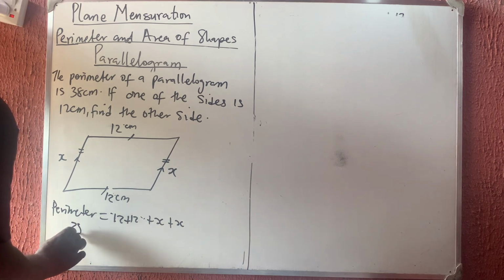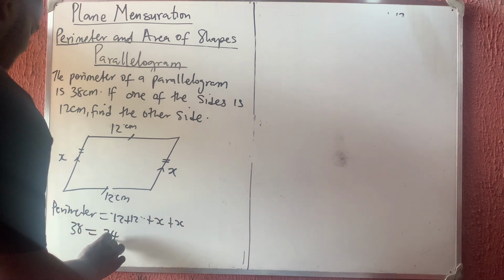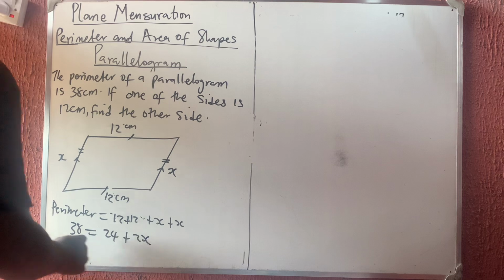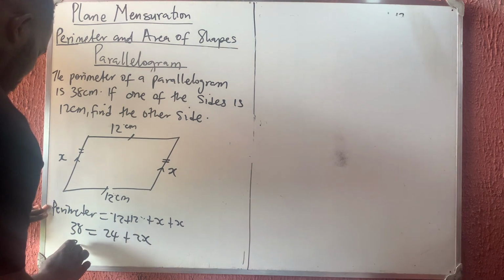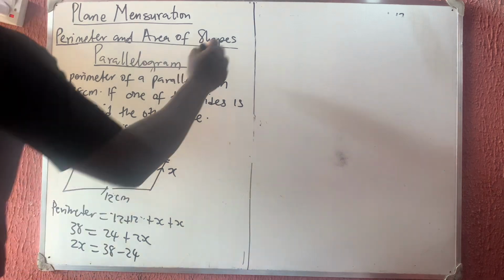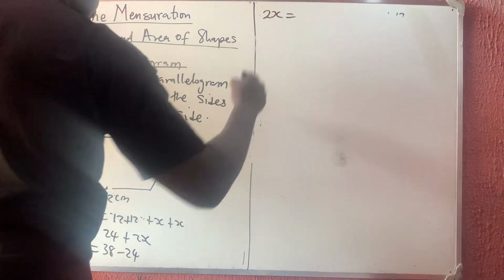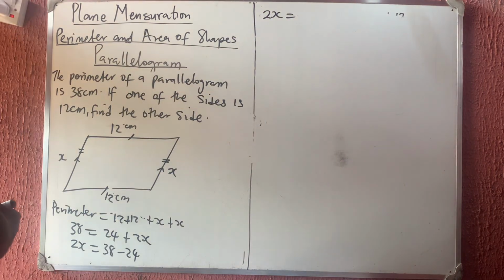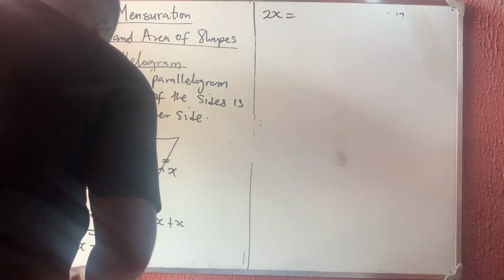So therefore 38 is equal to 24 plus 2x. So 2x will now be 38 minus 24. Let's check, where is my calculator? I don't like wasting time.